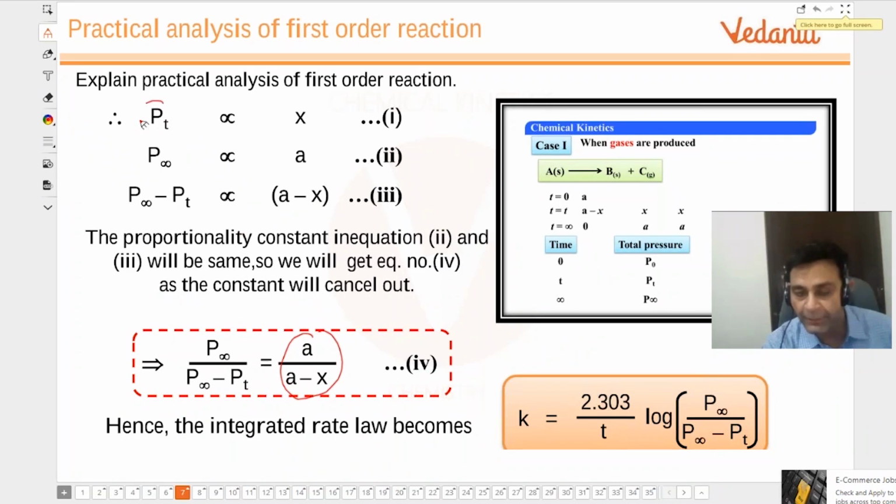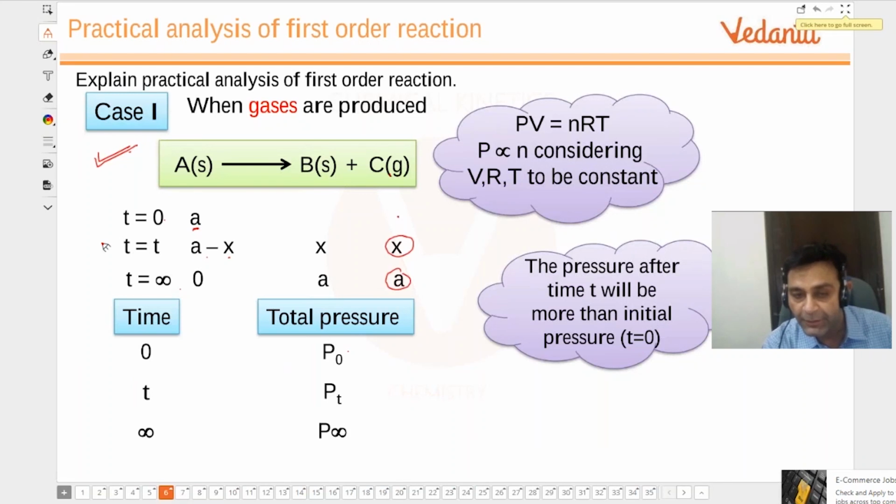Pressure at any time t depends upon how much X is formed. I repeat here. At any time t, X is the amount of the C formed. Right? All of you getting me? At any time t, X is the product formed, and corresponding to the X, there will be some pressure.